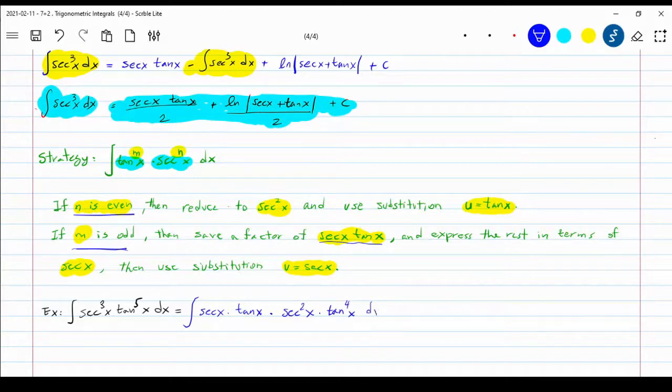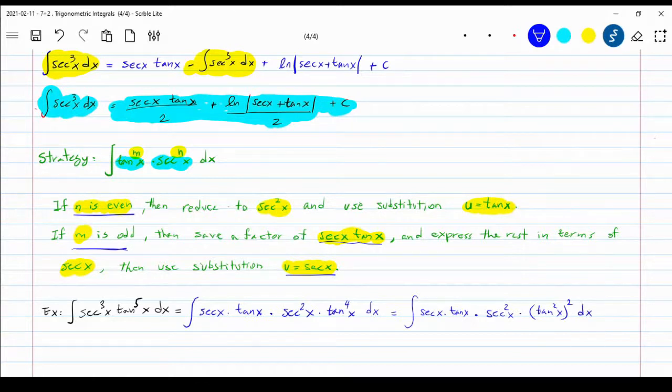now I can write this as secant x times tangent x dx. And the strategy is, because we want to use the substitution of secant, I want to get rid of all the tangents. So I'll keep the secant squared x. Instead of tangent to the 4th power, I can write it as tangent squared x, squared.